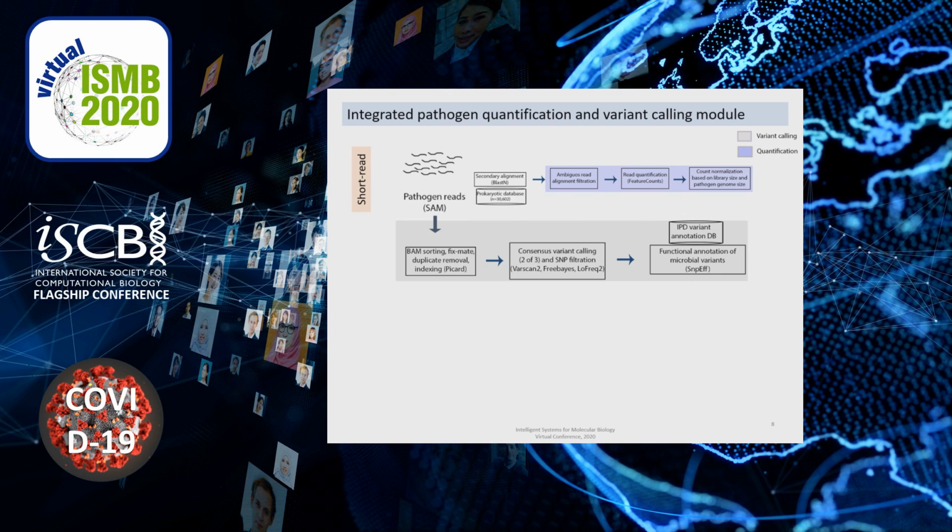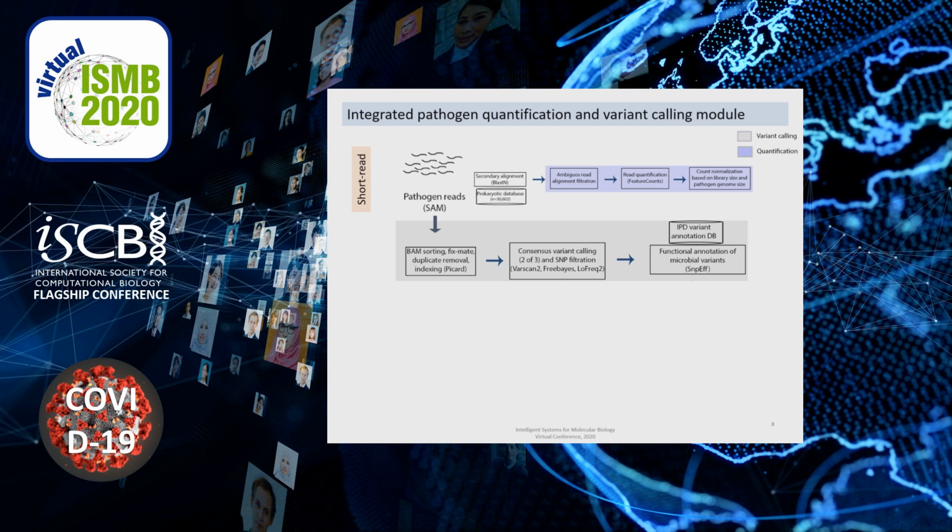The pathogen reads are further quantified using our quantification pipeline, which also involves ambiguous read filtration, which is an important step, and the count normalization, which is based on the per million reads.